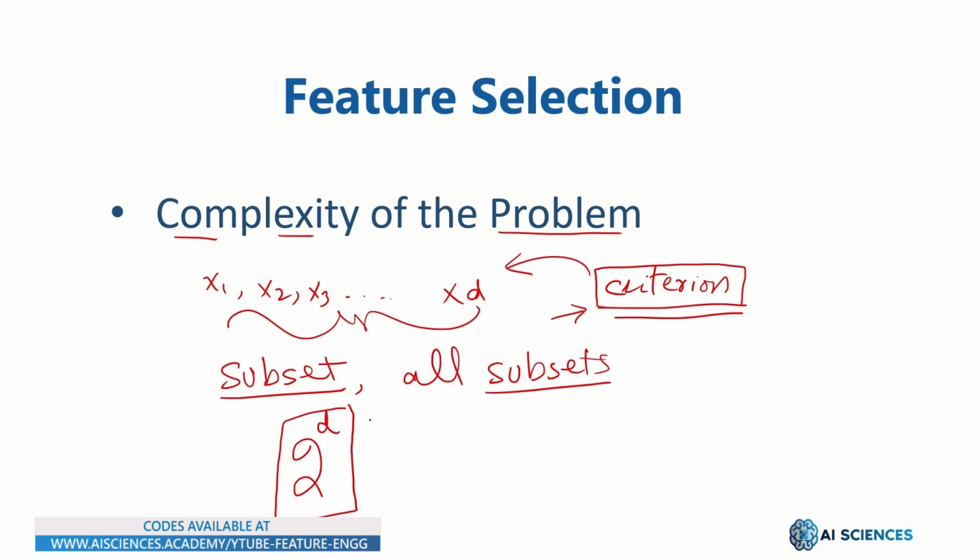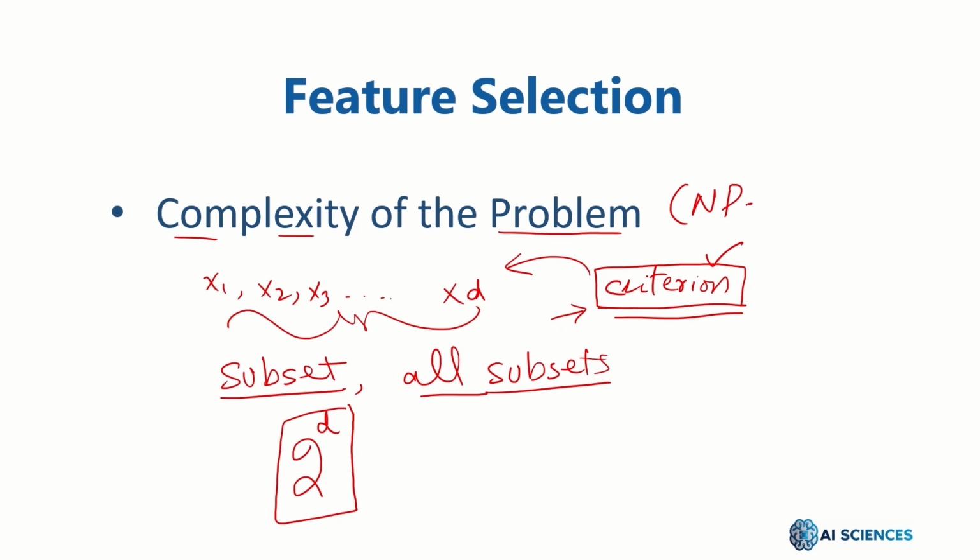There is no algorithm that guarantees that it will not explore all the subsets and still get the best subset meeting a certain criterion in general. So this problem is really NP hard, a very complicated problem.